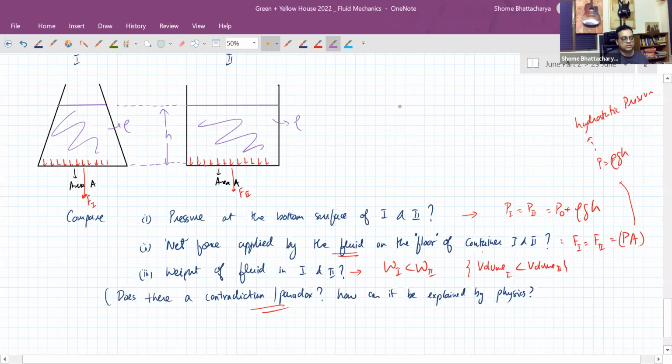So now if you consider a free body diagram of the liquid body which is present in container 1 and the liquid body which is present in container 2.